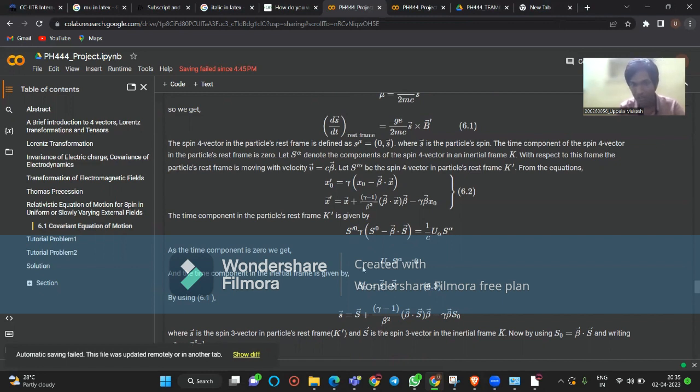On applying that condition, we get the orthogonality of the velocity 4-vector and the spin 4-vector, that is u alpha times s alpha equal to 0.